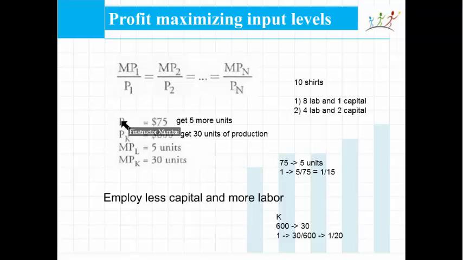So where is spending $1 giving you more? If I spend $1 on labor, I get 1 by 15 units. If I spend $1 on capital, I get 1 by 20 units. So where should I spend my money? On labor or capital? At the moment, labor is better because I'm getting more output.